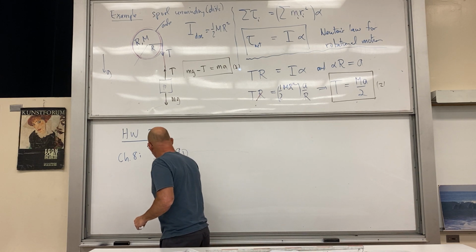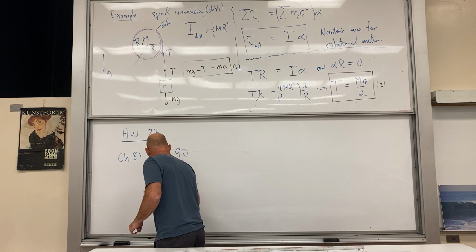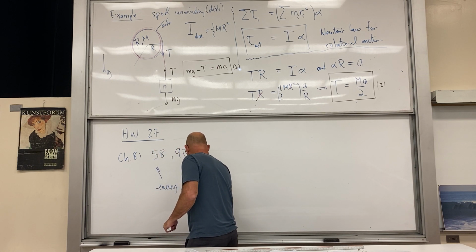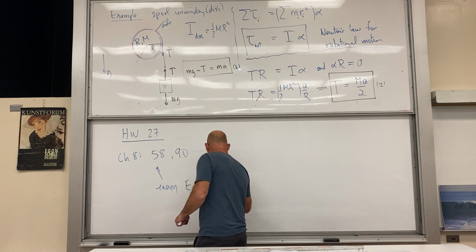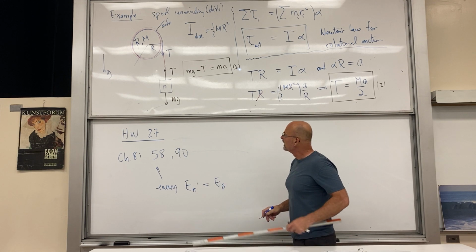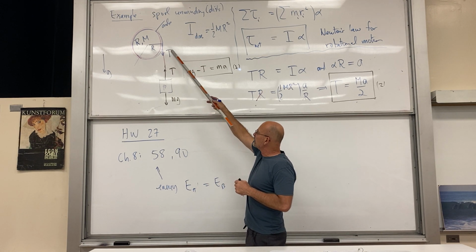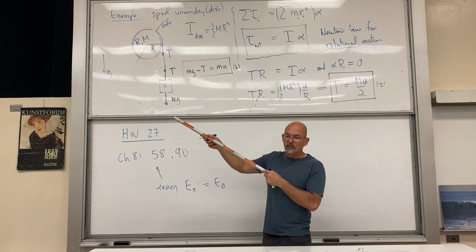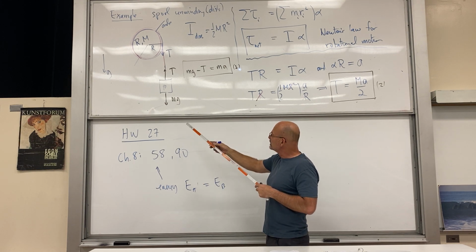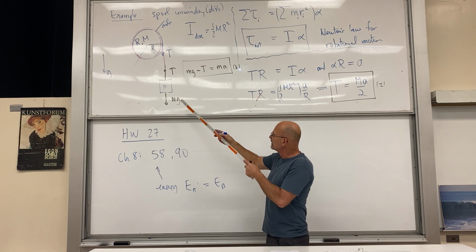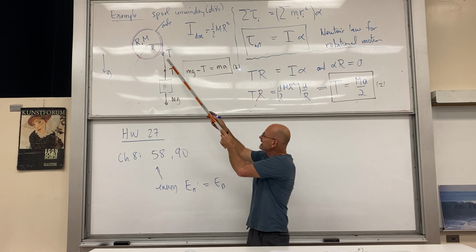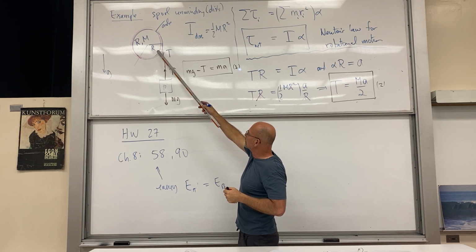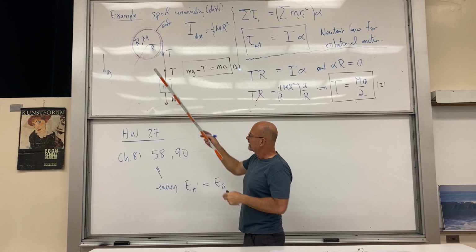But they're talking about energy. So there we say E sub A is equal to E sub B, and it's going to unwind a certain amount. It starts at rest, so the potential energy we can just say is zero, and the kinetic energy is zero, since nothing's moving and it's not unwinding.